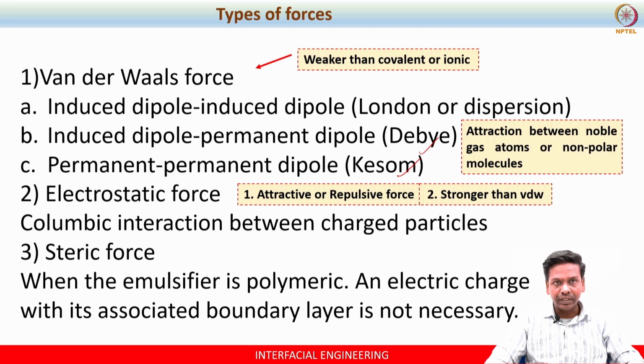This comes from the polarity and asymmetrical shape, I mean the molecule which has asymmetry, either due to polarity or due to the molecular structure. And the London dispersion force. So these three forces come under the umbrella called van der Waals force.